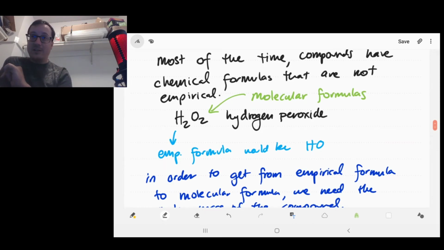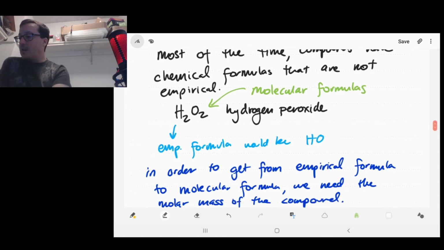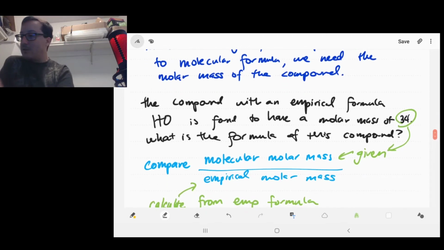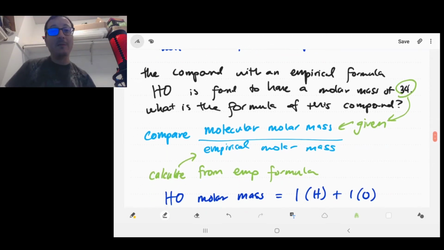But a real molecule might have a molecular formula, H2O2. And so in order to bridge the gap between those, we need more information. We need the molar mass of our compound. And that's something that's always going to be given to you because that's something determined in a different experiment.